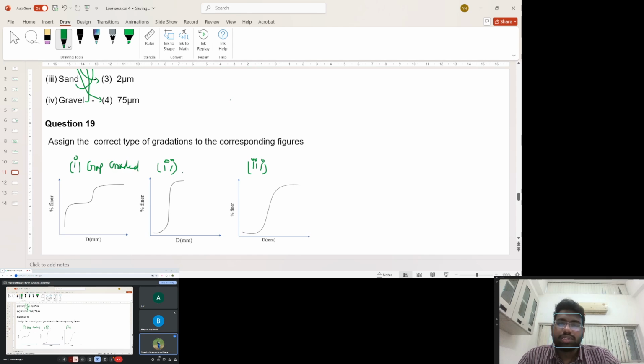Second is uniformly graded, uniform or poorly graded. Third is well graded sands, well graded soils.